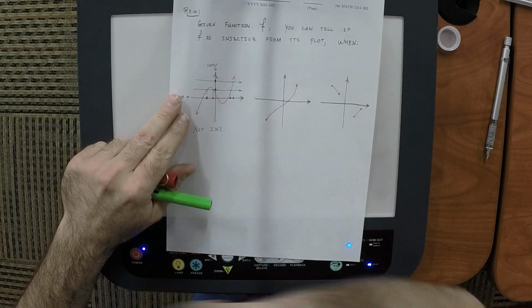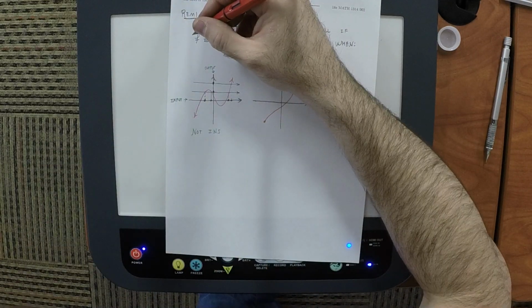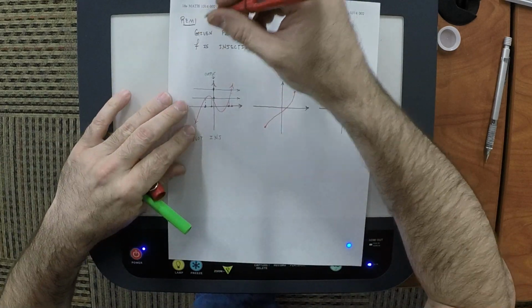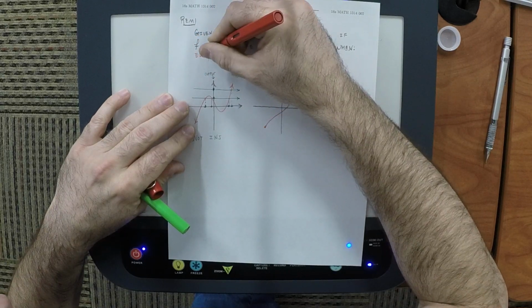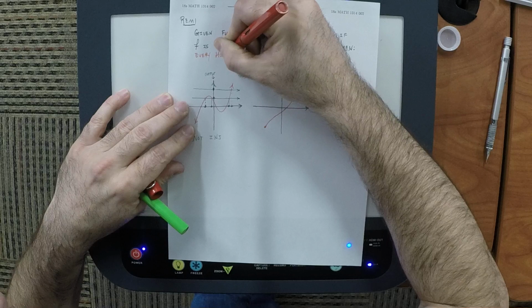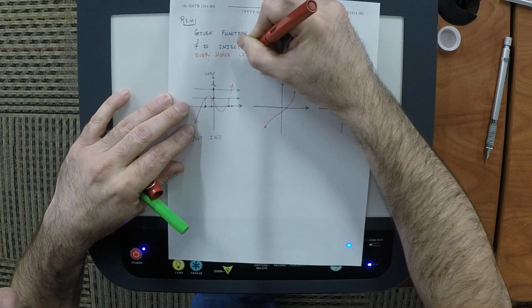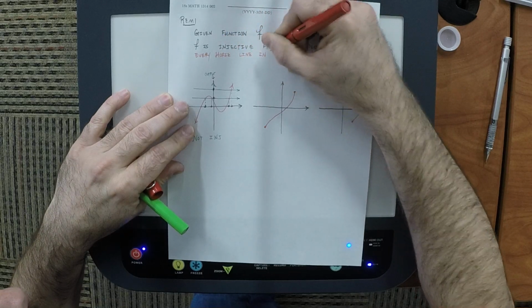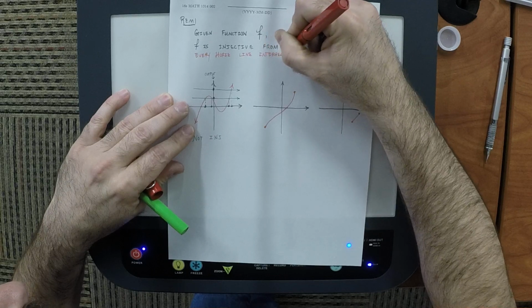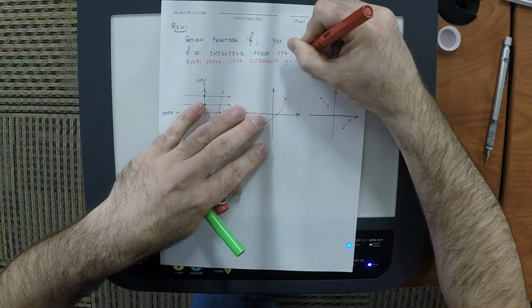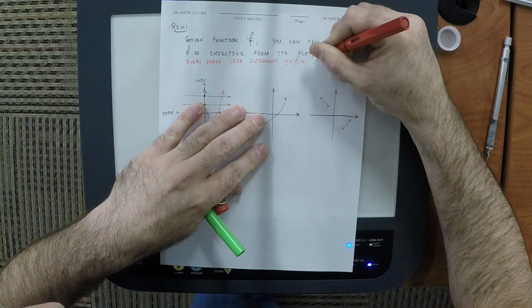Okay, so you're almost there, but there's a slight mathematician quantification there. When every horizontal line intersects the plot y is f of x at most once.